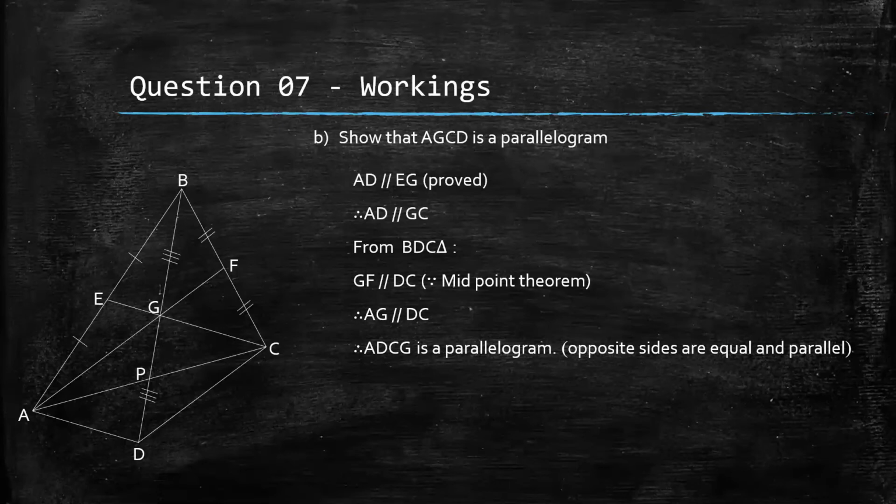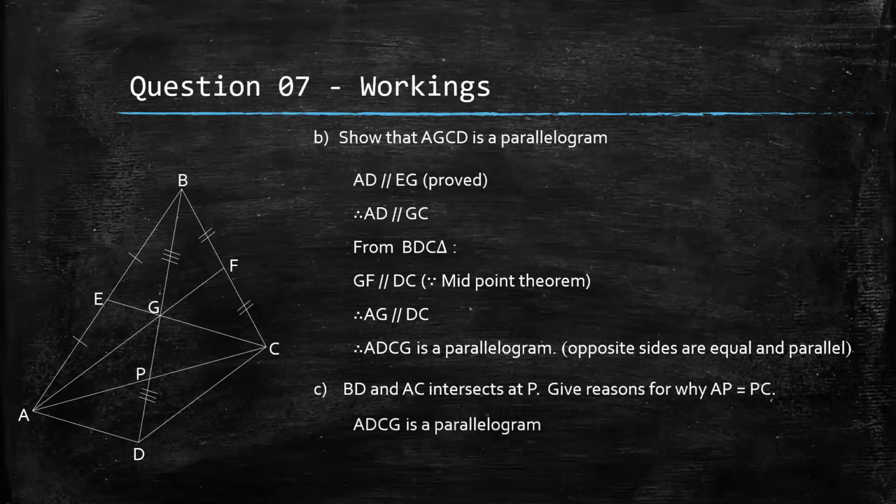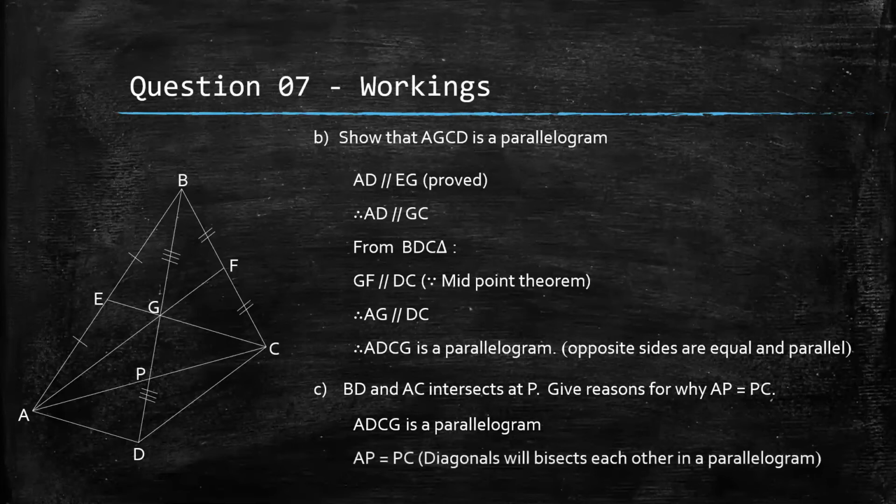Okay. Then the C part: BD and AC intersect at P. Give a reason why AP equals PC. Let's find out why. ADCG is a parallelogram, which we have proved in the B part. So AP equals PC.